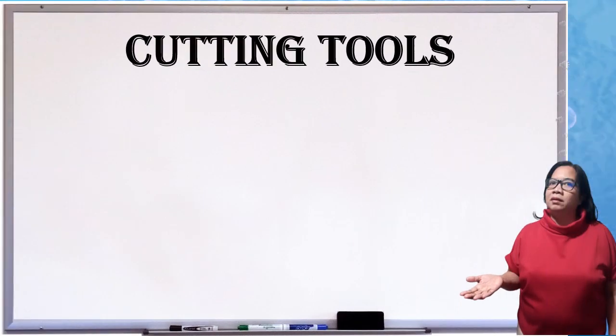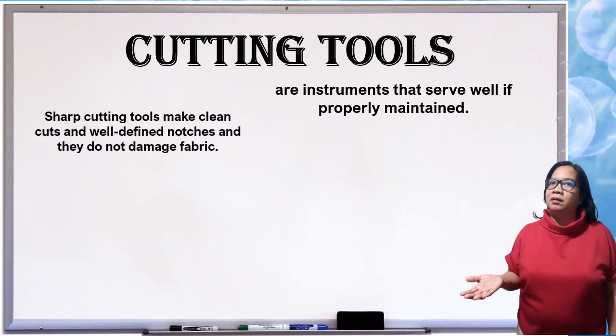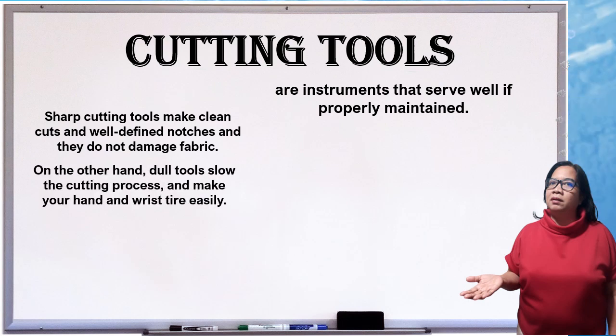Our next group of tools are what we call cutting tools. They are instruments that serve well if properly maintained. Sharp cutting tools make clean cuts and well-defined notches, and they do not damage fabric. On the other hand, dull tools slow the cutting process and make the hand and wrist tire easily.